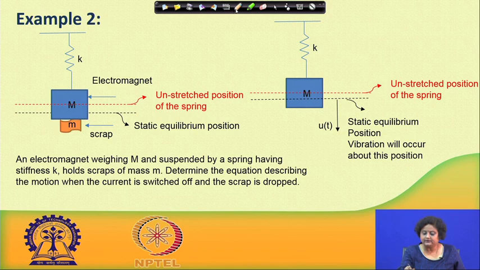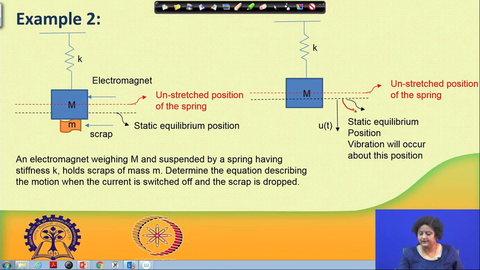This is our new static equilibrium point that the mass will reach after the scrap has been dropped off. At t equals 0, this is where it was, and when the current is switched off, it goes to this location and the vibration will start about this location.